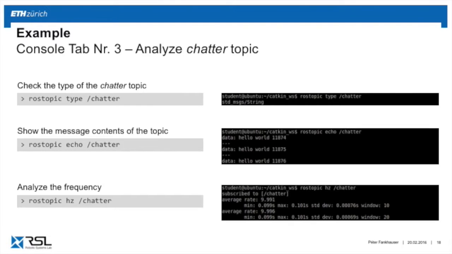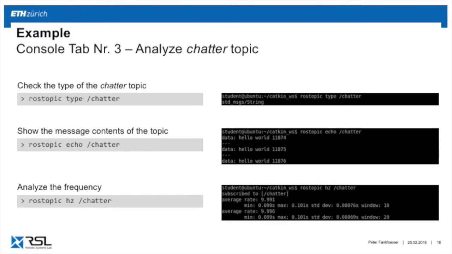You can look at the contents of this topic by typing in rostopic echo /chatter, which, similar to your console number 2, prints the contents of this topic into your console.